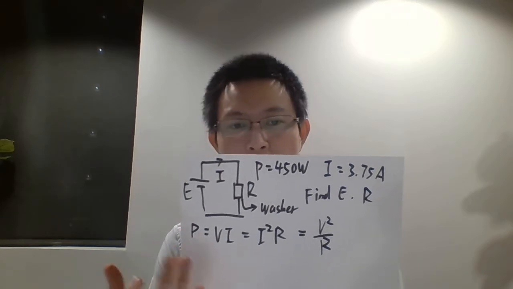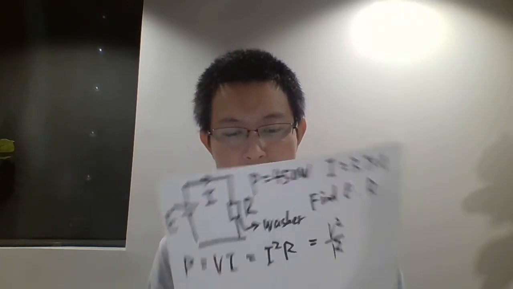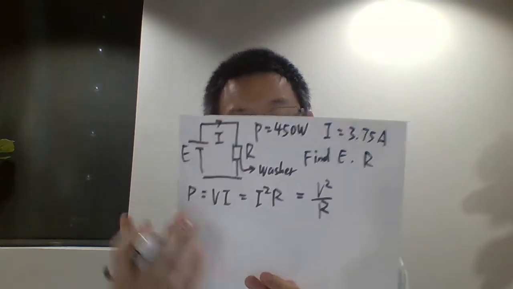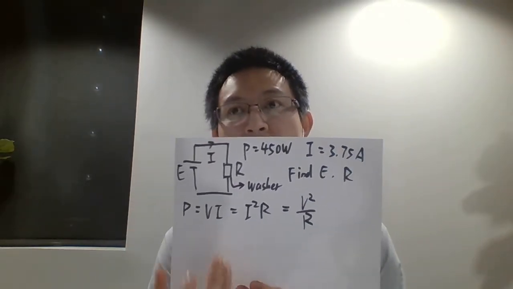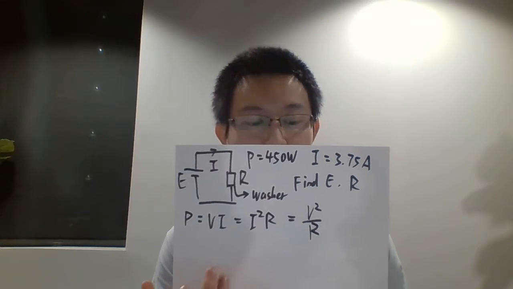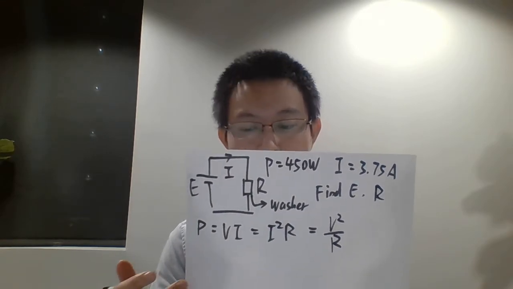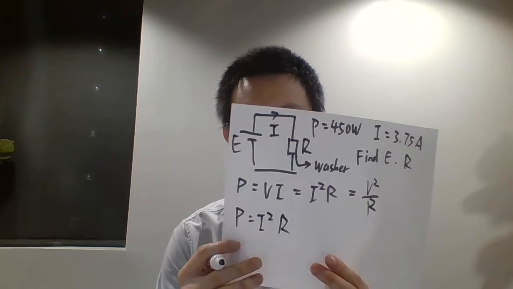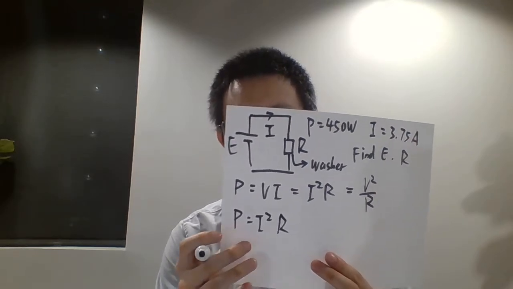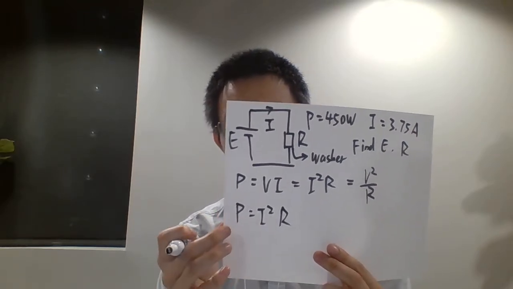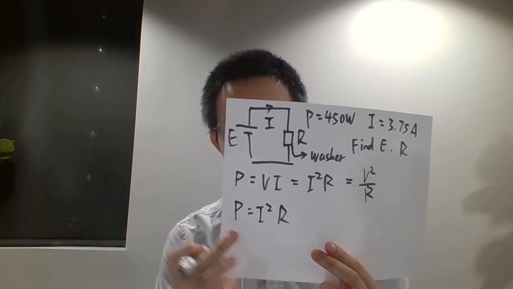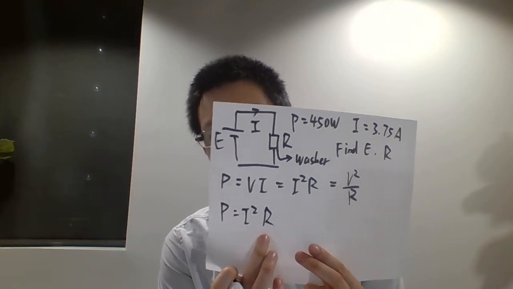So we have the resistance and the voltage that we don't know, right? Since we have P equals I squared times R, we know current, we know power, so we can find resistance.